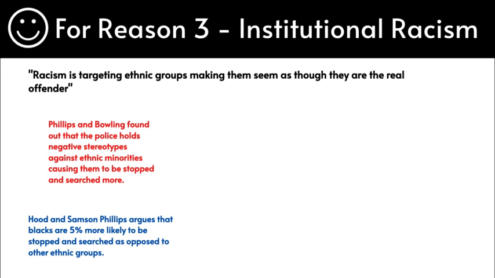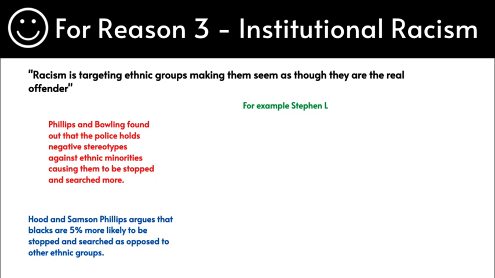Hood and Sampson Phillips are other sociologists, and they argue that Blacks are 5% more likely to be stopped and searched as opposed to other ethnic groups. Here, we can clearly see that the police stereotype against ethnic groups. As a result, that ethnic minority group is stopped and searched more. Please try to use the statistic of 5% as well as the sociologists Philip and Bowling, and Hood and Sampson Phillips within your answer.